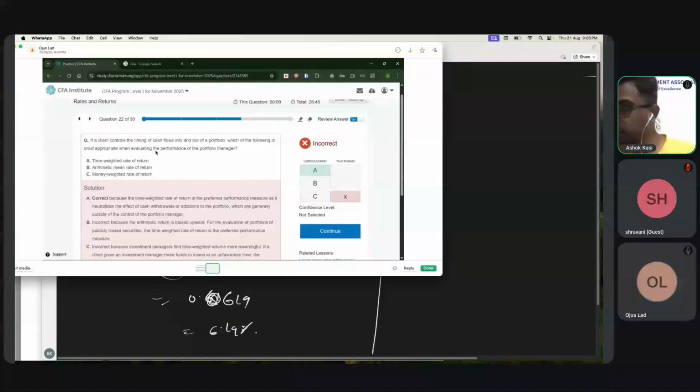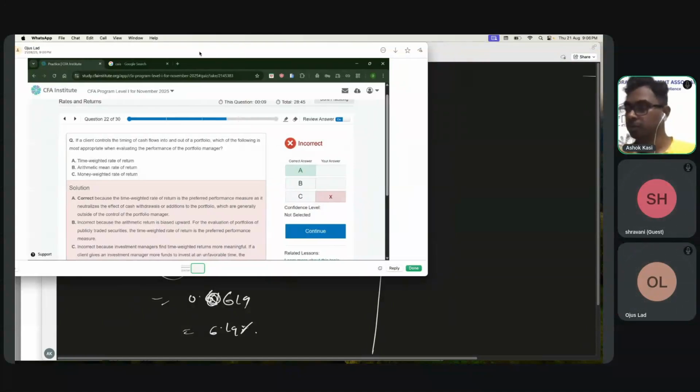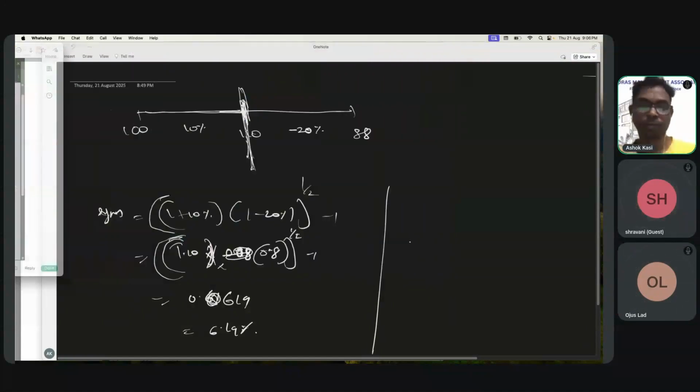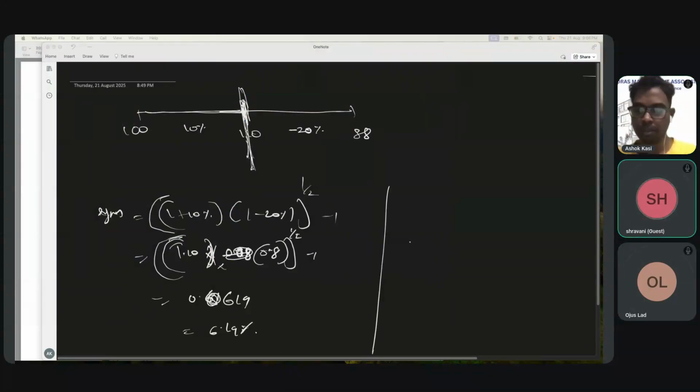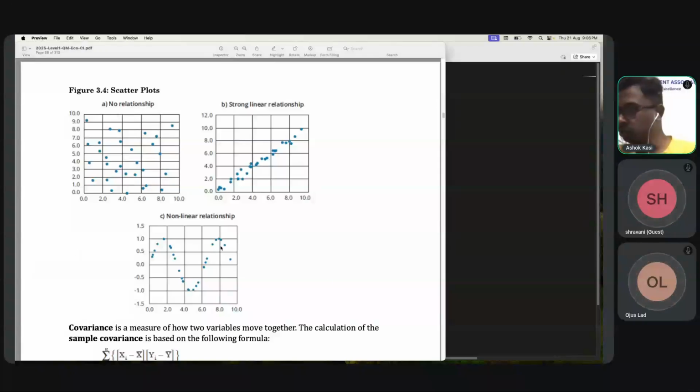If your client controls the timing of cash flows into and out of your portfolio, which of the following is better when evaluating the performance? If the client is controlling, then it is better to go for time weighted. It is as good as SIP. In SIP, which return is better for you? Time weighted. Yes, sir. That's it. Okay, now I'll continue.